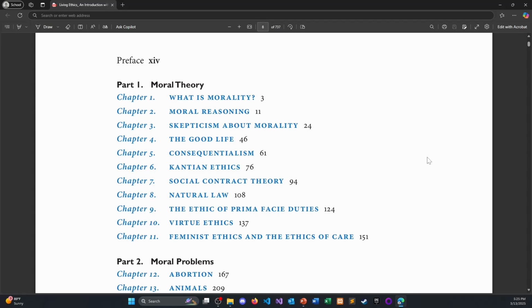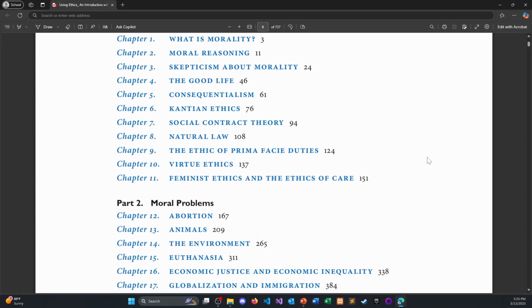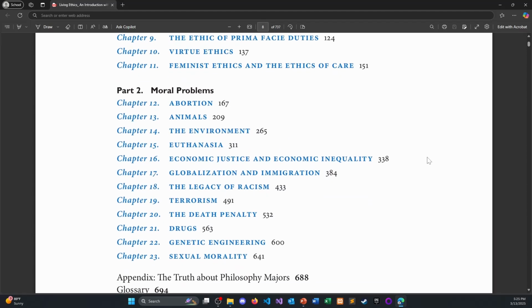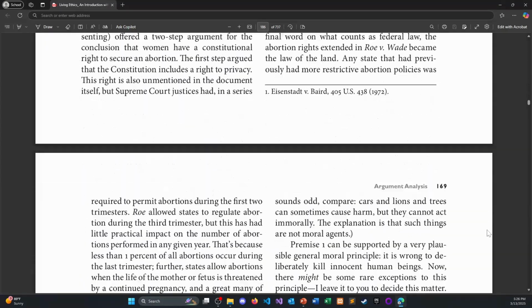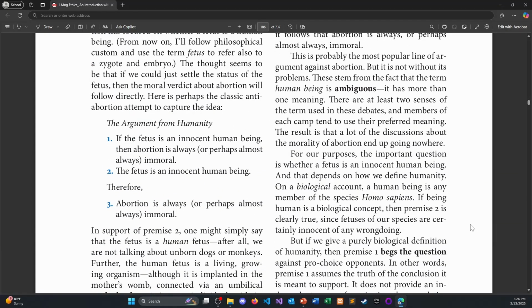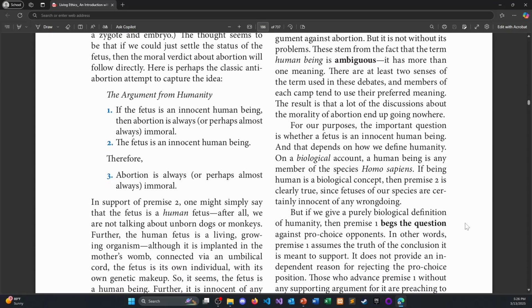So moving on to the moral problems section, we're going to want to do a similar thing. We're going to want to look into the chapter and try to find the arguments. So going into the abortion chapter, here's the argument from humanity. And then we're going to want to analyze that argument.